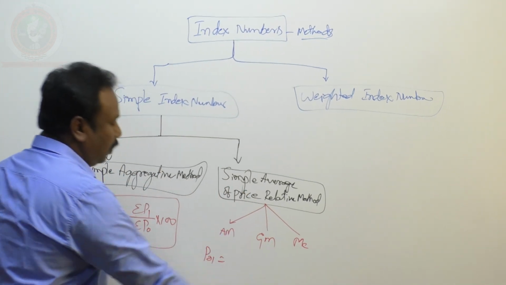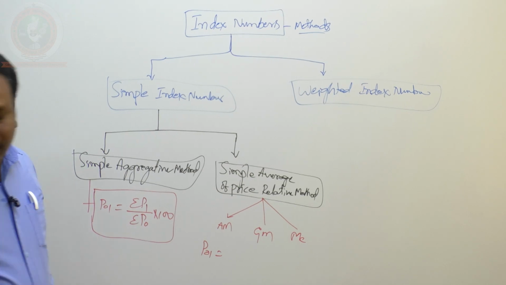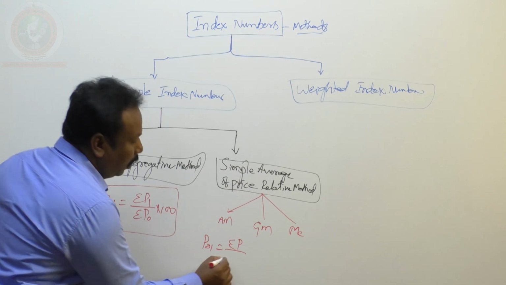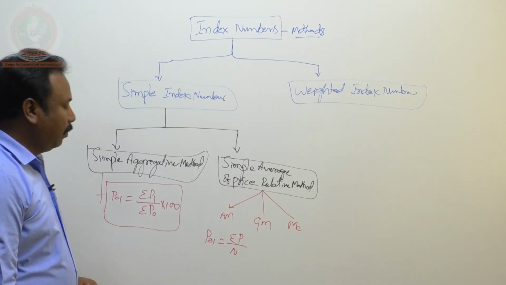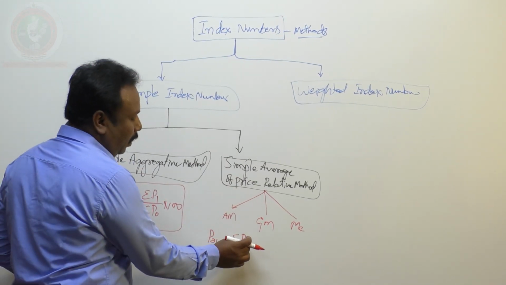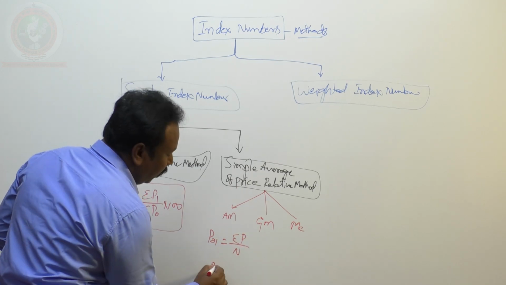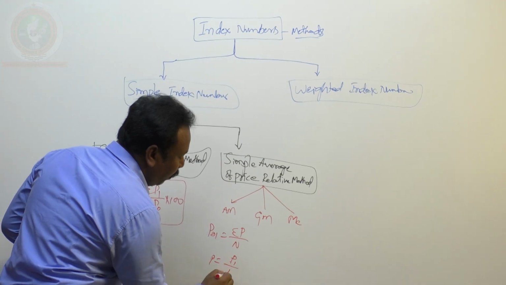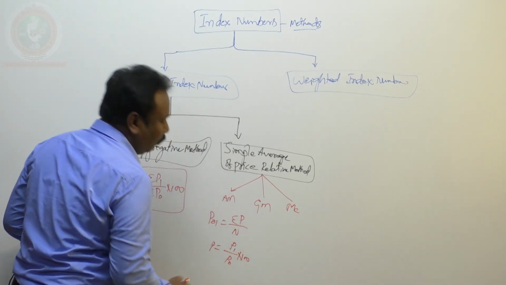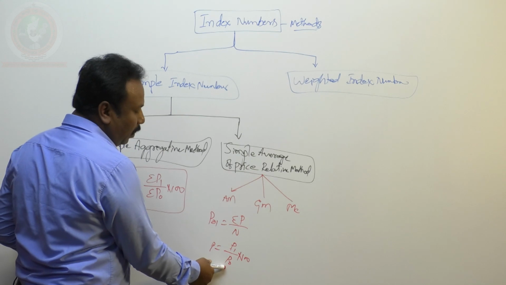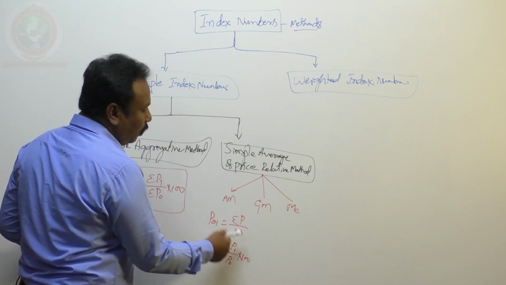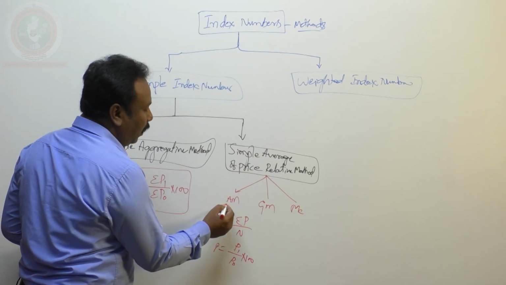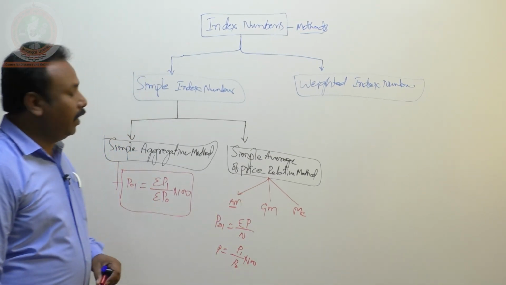Index number equals sigma p divided by n, where n is the number of items. Here p is p1 divided by p0 into 100, that is the present value divided by the base year value into 100. So we get p. The summation of p divided by the number of items gives the arithmetic mean of index number.